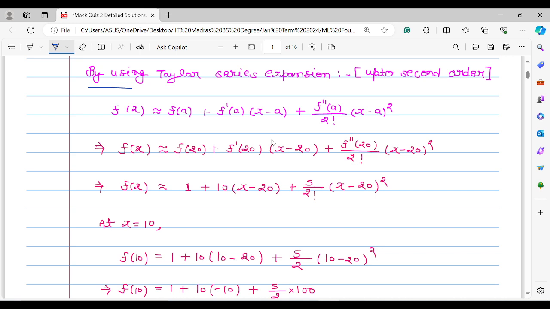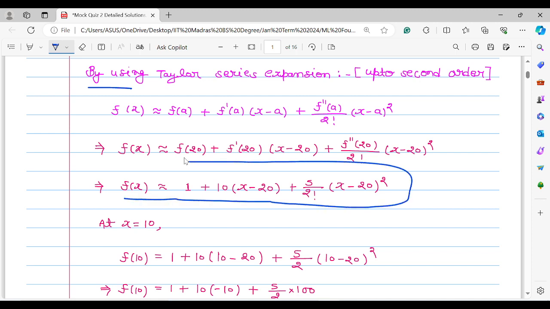So this is a second order approximation, f(x) equal to f(a) plus f'(a)(x minus a) plus f''(a) over 2 factorial (x minus a) whole square. So to solve this problem we will find what is f(x). So instead of a we will substitute 20 and find the expression of f(x), and we have to find the value at x equal to 10.